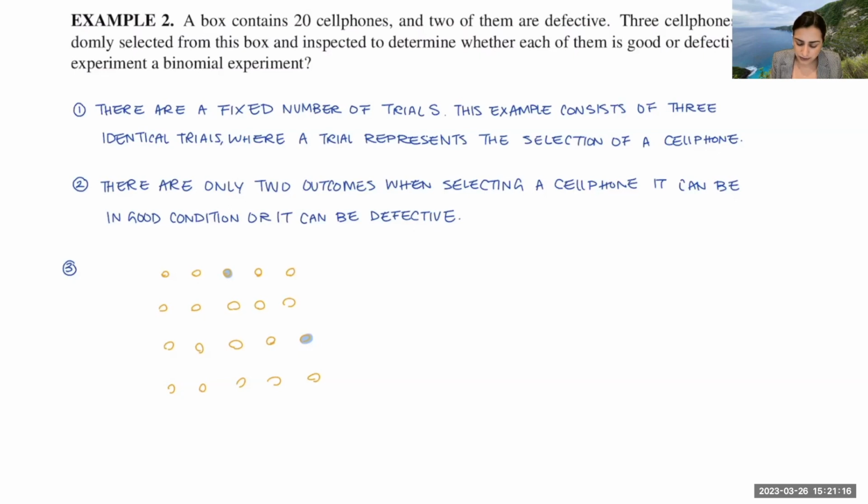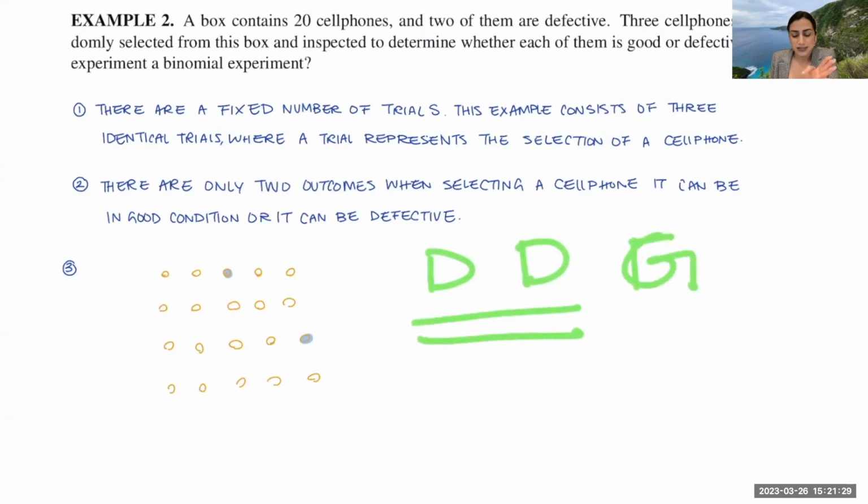Because again, if we choose defective first, and then we end up getting defective, then we know that the last one is going to be good. The probability of the previous ones does affect the probability of the last one. So that's where we lose the independence. Remember, independence means the probability of one is not going to affect the probability of the other.